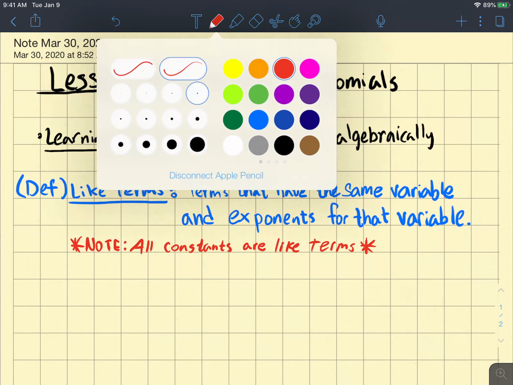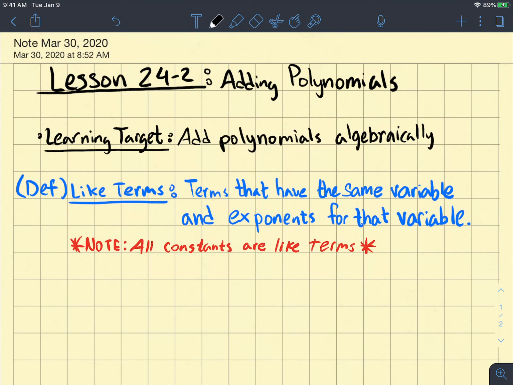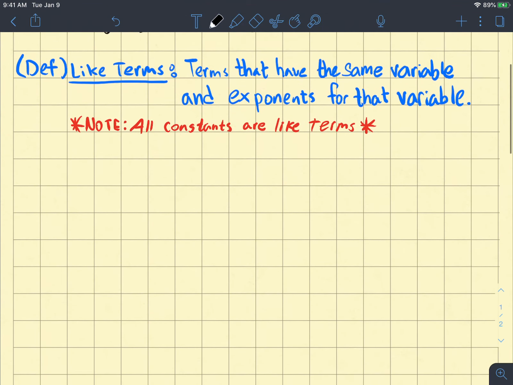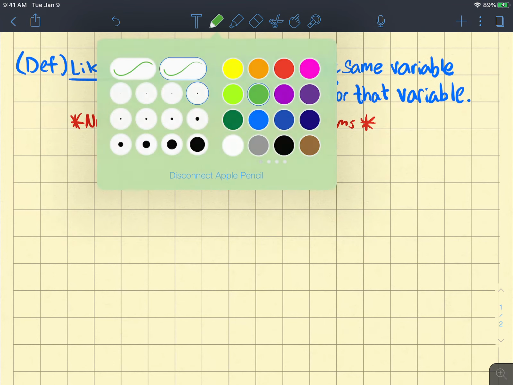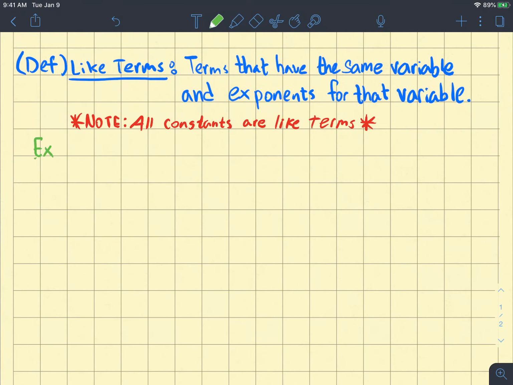So what is Sanchez talking about? That's probably what you're thinking, right? Let me just scroll this up. Here are some examples of like terms. If you have x and 2x, these are like terms. Why?